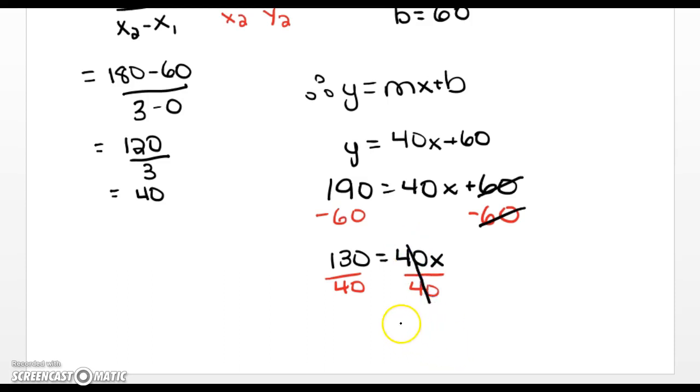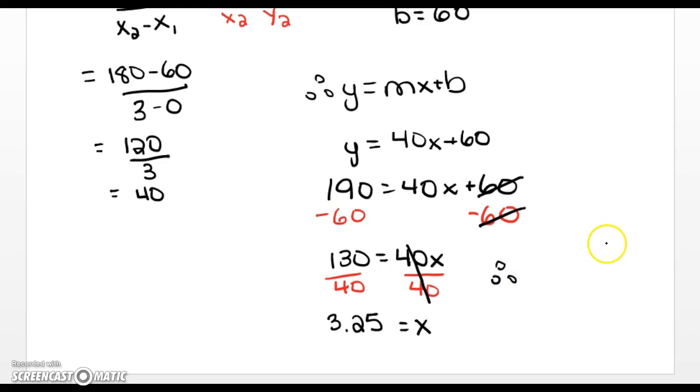So 40 crosses out 40, and on our right side we just have x. Then we can put this into our calculators, if you can't do that in your head. 130 divided by 40 is 3.25. So this tells us that the electrician had to have worked for 3.25 hours in order to charge $190.